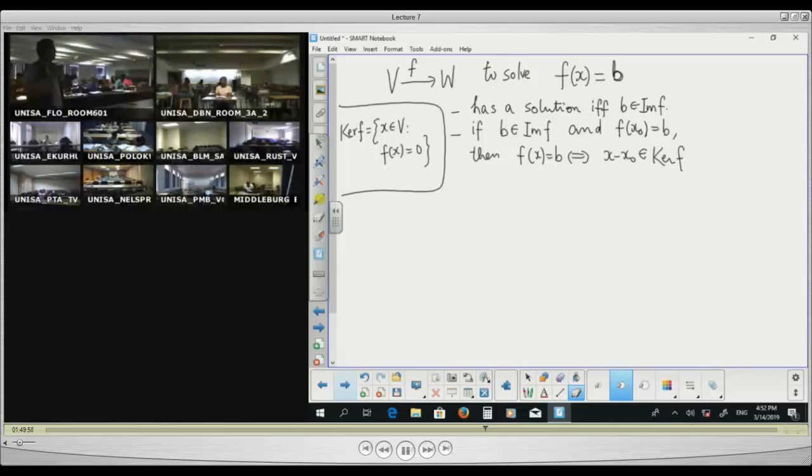See what I'm saying. f of x is equal to B, which is the same as f of x naught. So f of x minus f of x naught is equal to 0. But then by linearity, f of x minus x naught is 0. So from the definition of the kernel, x minus x naught is in the kernel of f.